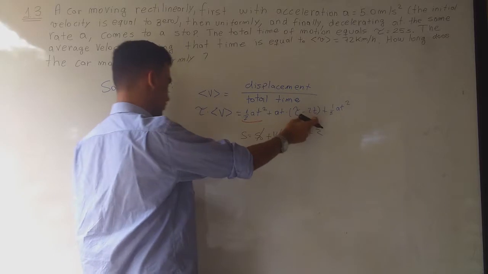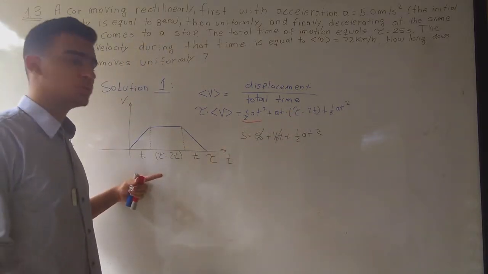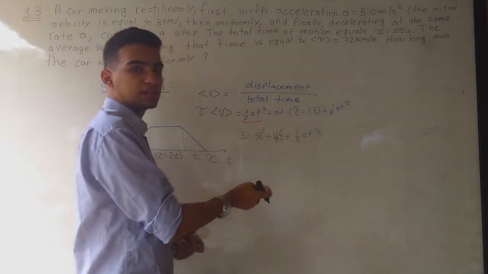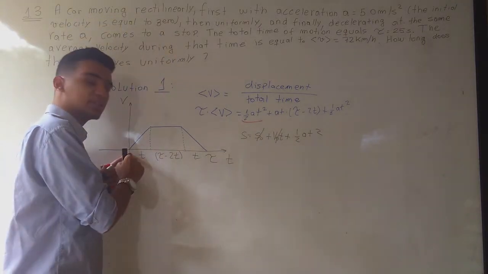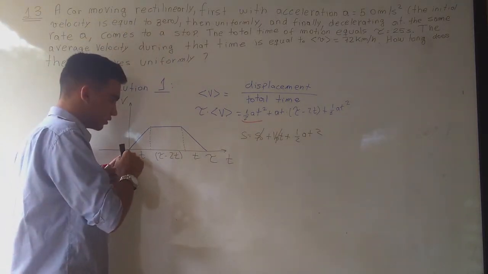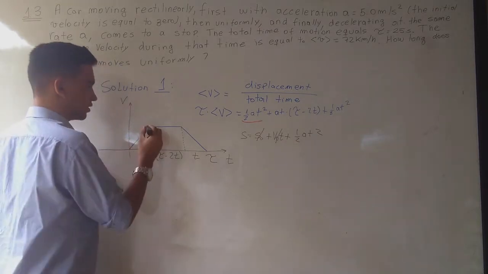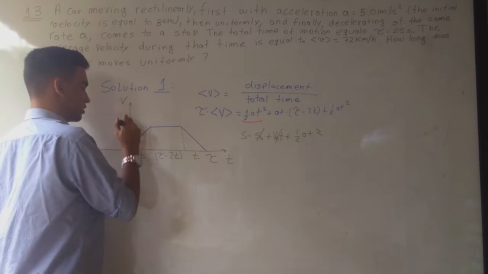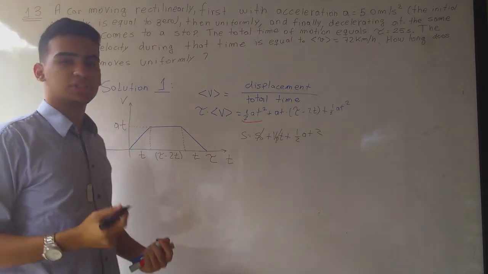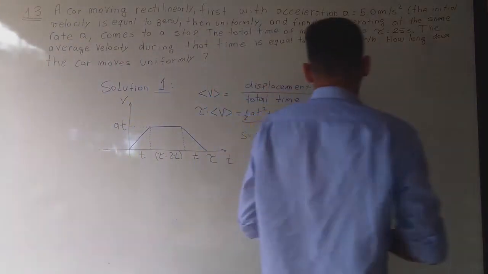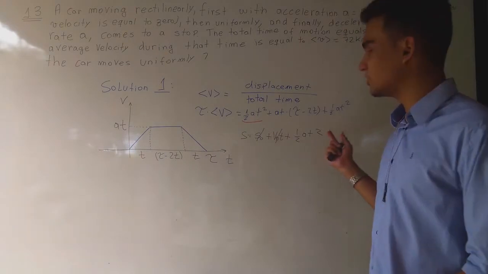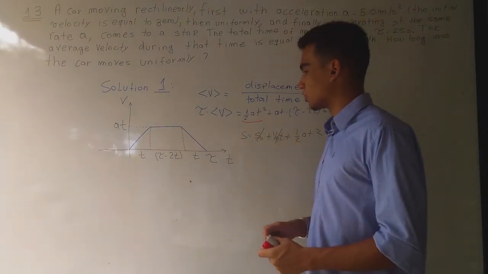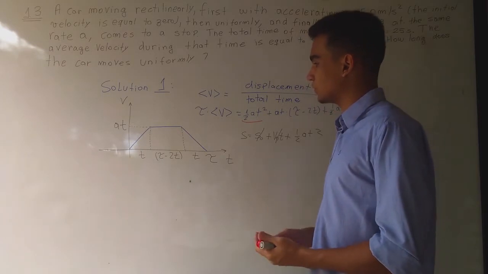What is the time? Tau minus 2t. What is the velocity? It's just at. That is the velocity it accelerated to in the first part of the graph. And the third part is just the same as the first, as we talked about in the beginning of the video.